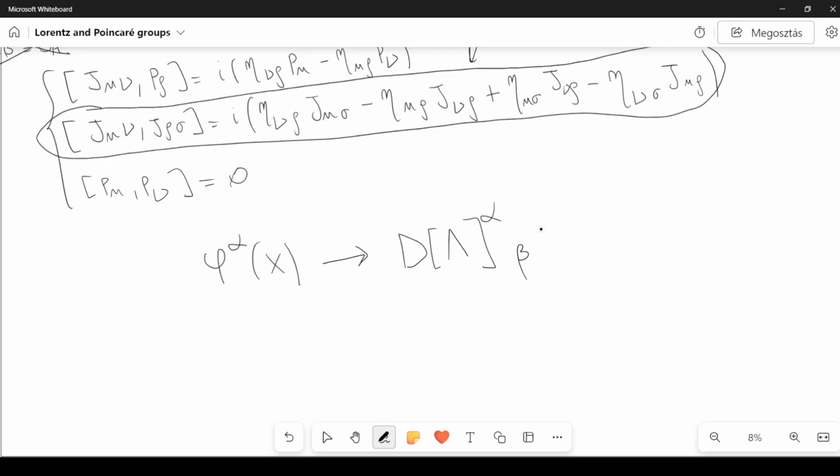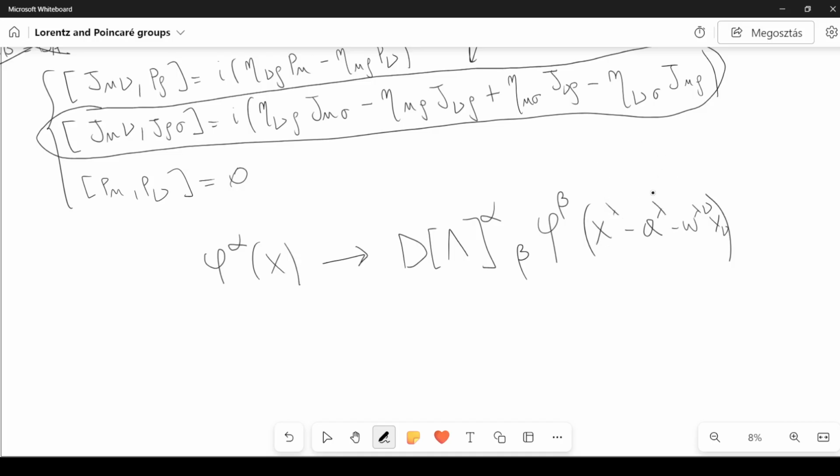D of lambda alpha beta, and then we have phi beta, and here we have a Lorentz transformation, and also let's include a Poincaré transformation. So we have something like this: x lambda minus a lambda minus omega lambda nu x nu. So we have this infinitesimal Lorentz transformation, and this part represents lambda inverse x.